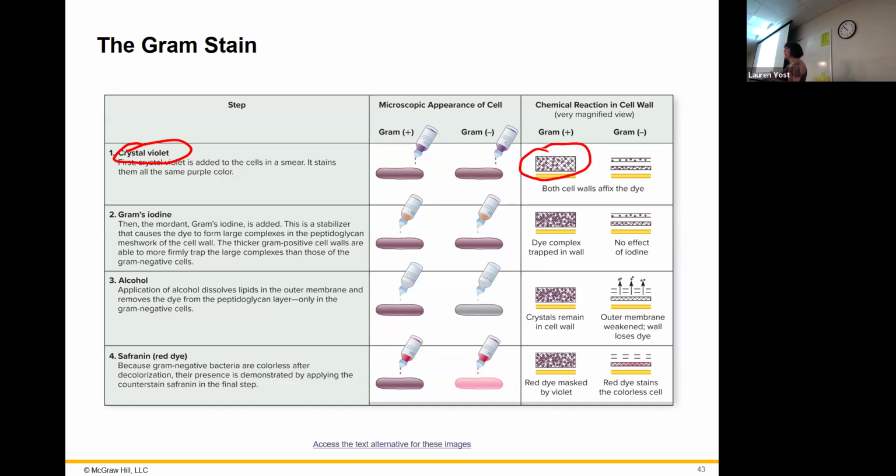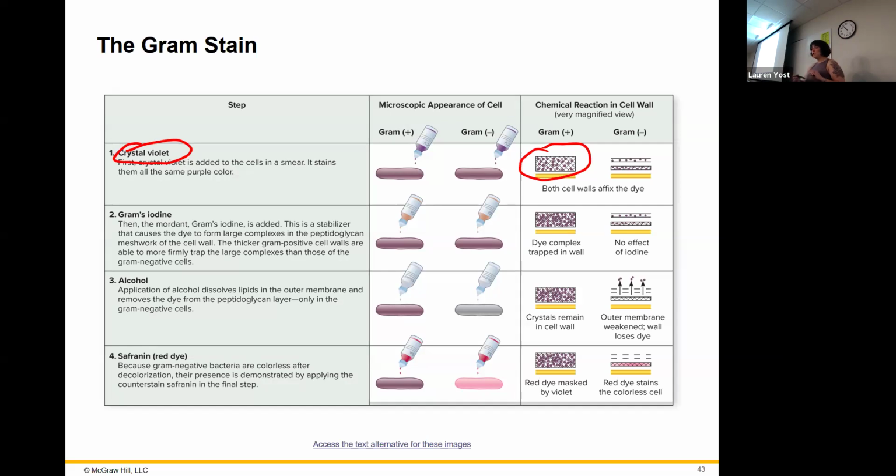Depending on how tall your plinko machine is, at some point it might get stuck in one of the corners. So that's the idea. It gets stuck in this lattice work, this scaffolding of peptidoglycan. That's what the crystal violet is going to do. For the gram negatives, it won't get stuck there, but it will sit there until you rinse it out.